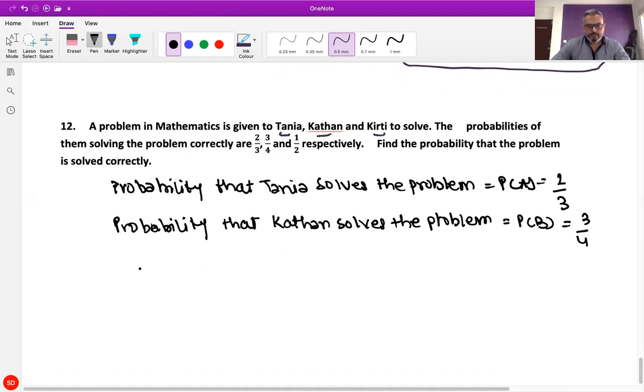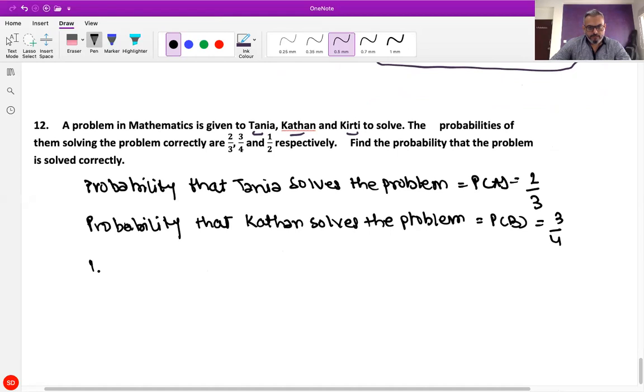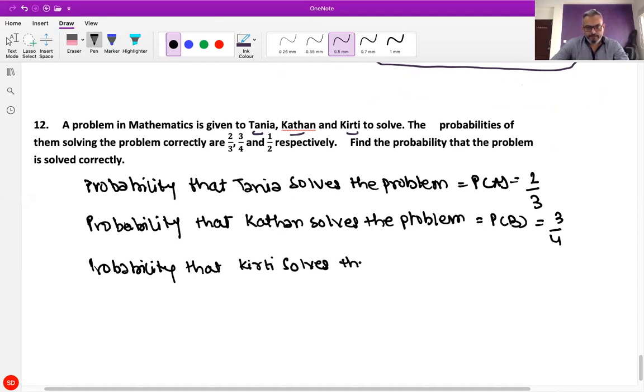And then probability that Kirti solves the problem is equal to P of C, which is equal to 1 by 2.